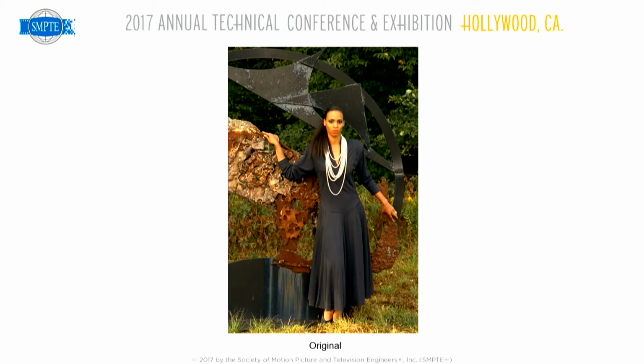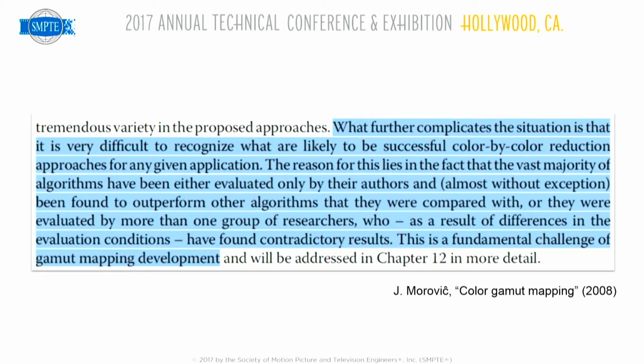A very easy way of performing, for instance, gamut reduction is to do gamut clipping. All your out-of-gamut colors, you just clip and map to the boundary of your target gamut. And if you do that in this standard Kodak image, you get this, okay? This is, of course, not what you want.